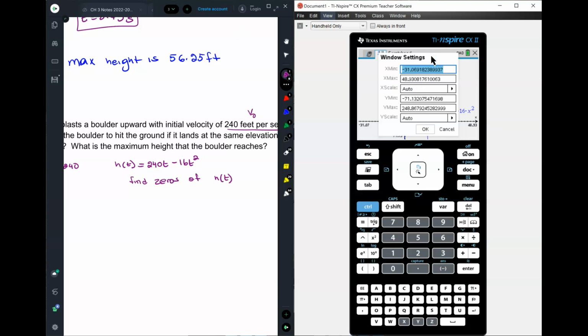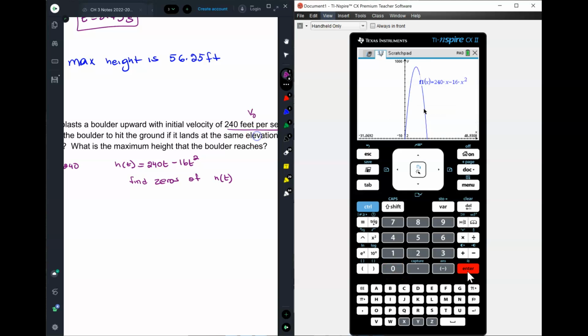I'm going to leave the x's the same, but for the y's, let's make it from like -10 again to, look, I'm already at 248 and there is nothing visible over there. So why don't I just go to 1,000, see what happens. Okay, so it looks like 1,000 is good enough, right? It's trial and error. You could put 500, still nothing. 700, still nothing.